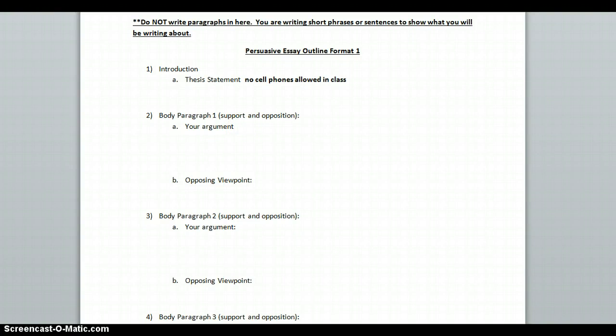So let's say my first argument for why we should not have cell phones in classes: they are distracting. Now, for this one, to present the opposing viewpoint, I have to do it in the paragraph. So the opposing viewpoint is there are many distractions. Okay, and then I would explain why that's wrong.